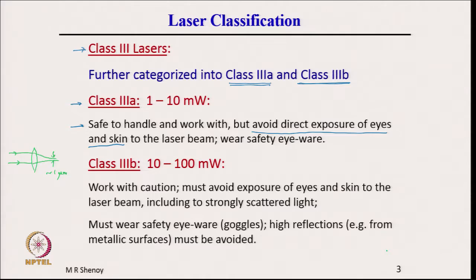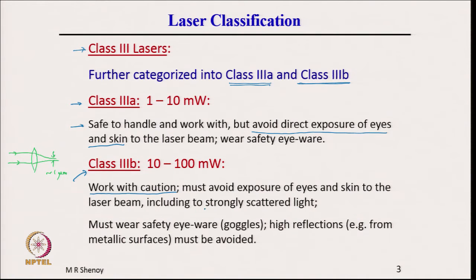All right. Now, we come to class 3B lasers. Class 3B is typically 10 to 100 milliwatt or hundreds of milliwatt. Here it says work with caution, because these are harmful to the human body and of course the eyes. Must avoid exposure of eyes and skin to the laser beam, including to strongly scattered light.